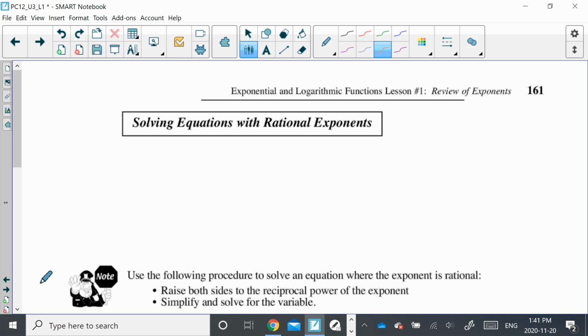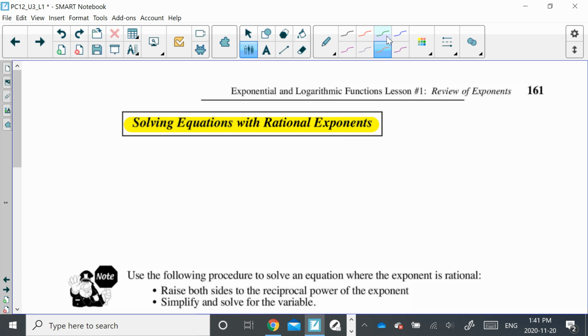Okay, finishing off with this last class example, I want to show you what we did in 10C and then a better sort of method in 30-1. So solving equations with rational exponents. So first of all, let's look at something we would have done in 10C.